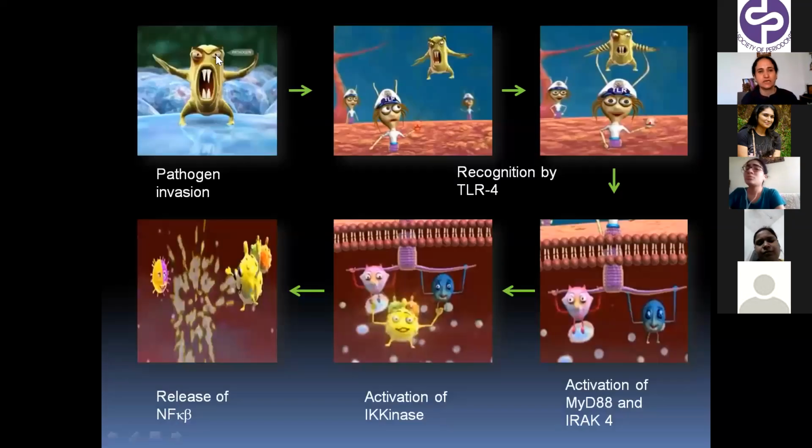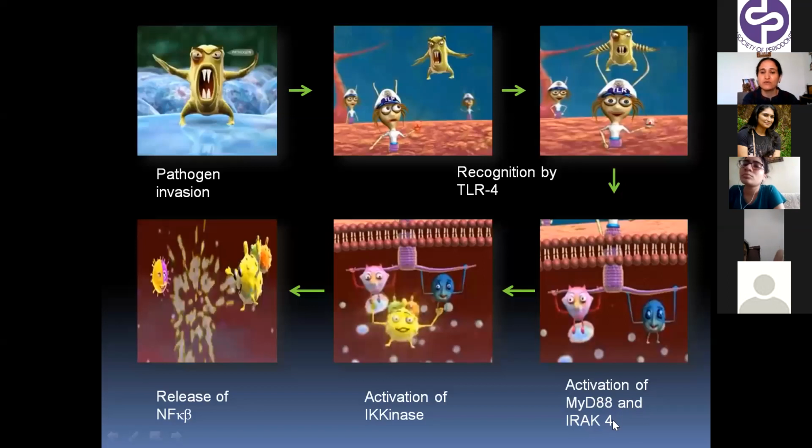Now, how does this take place? First, the pathogen invasion is there. If it is the surface of the cell, then this is the TLR. It will engage this TLR. This TLR will engage the pathogen. And ultimately, there is an activation of intracellular pathways. You need to know that there are two types of intracellular pathways by which cytokines are made. This is myeloid differentiation 88 and IRAK.